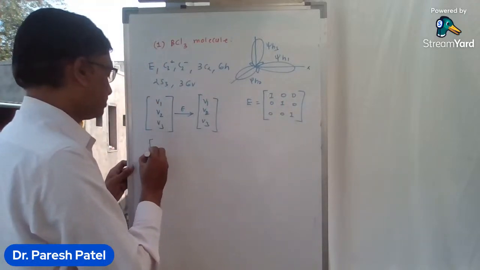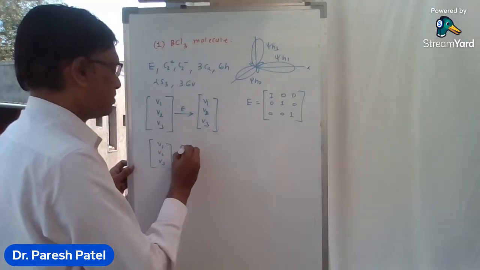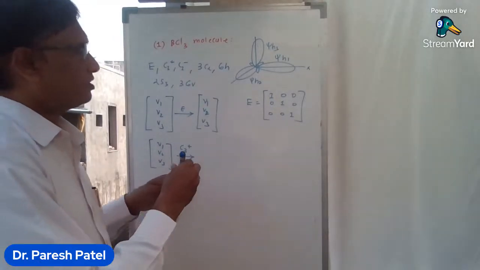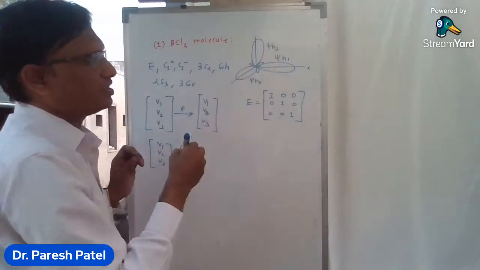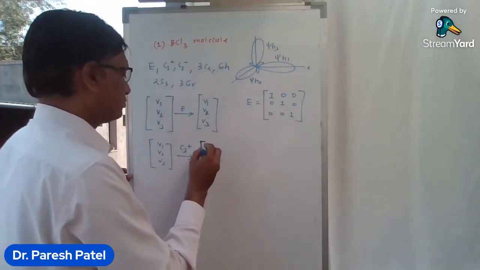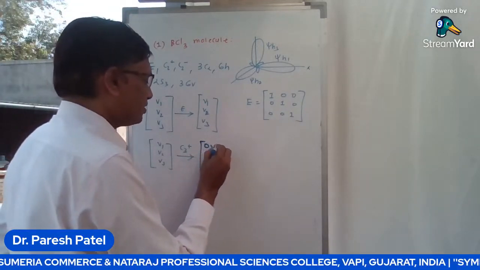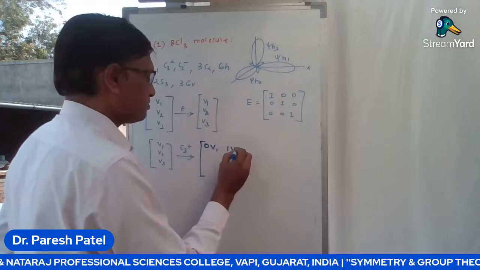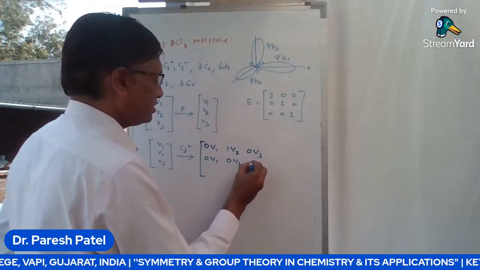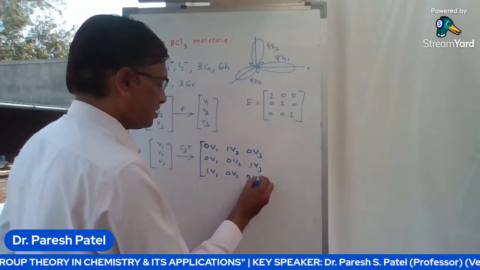Now if we operate C3 plus, then what will happen? If you operate C3 plus, then 0 into v1, 1 into v2, 0 into v3; 0 into v1, 0 into v2, 1 into v3; 1 v1, 0 v2, 0 v3.